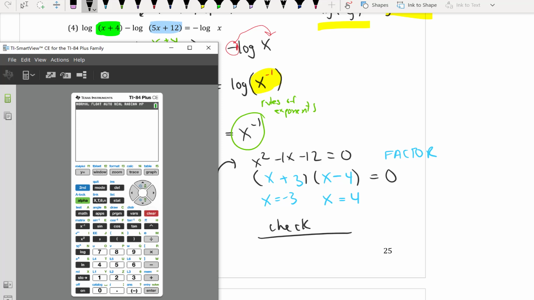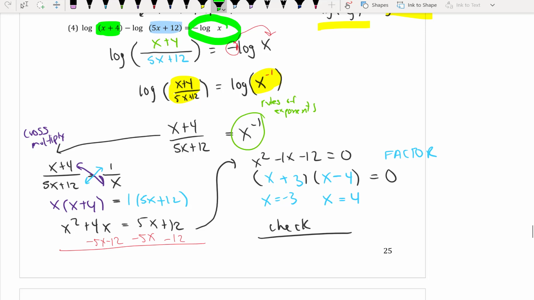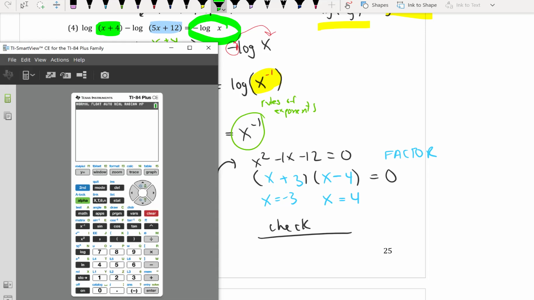So let's think about this. We are going to check for x is equal to negative 3. Well, just by checking here for our negative log of x, let's see what happens when I plug in that negative value. So minus log, and here that x value is negative 3.